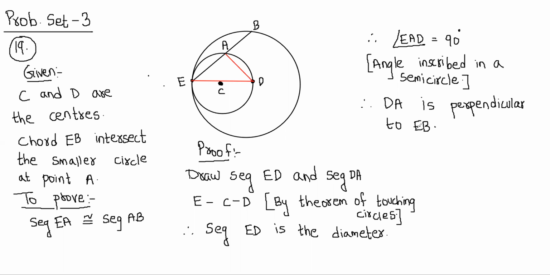Perpendicular drawn from the center to the chord bisects the chord. That we are going to use.